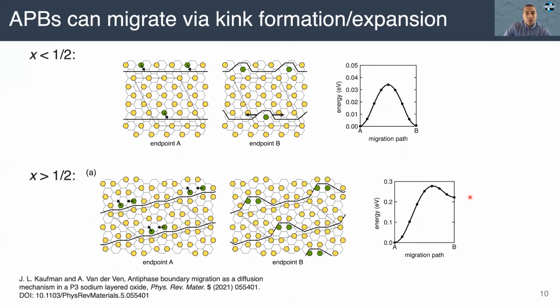And also in this case, once a kink is formed, it can expand such that the antiphase boundary itself can migrate. So this is a bit of an unconventional mechanism. And while it is plausible, some additional work is required to determine the macroscopic implications. That is, how much can this mechanism actually contribute to long-range diffusion?